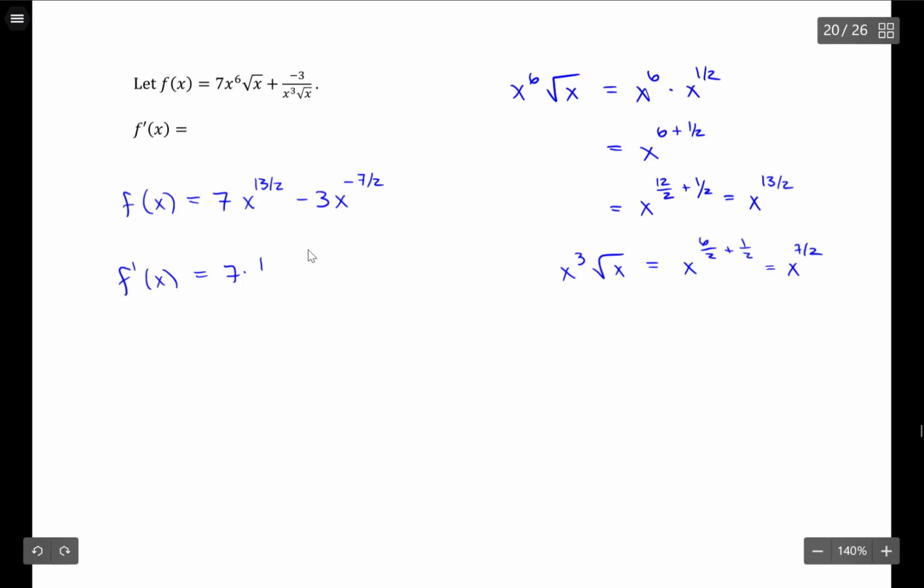So this would be 7 times 13/2 x to the, so 13/2 minus 1 would be 13/2 minus 2/2, which is 11/2, plus 3 times 7/2. Now negative 7/2 minus 2/2 is going to be negative 9/2.